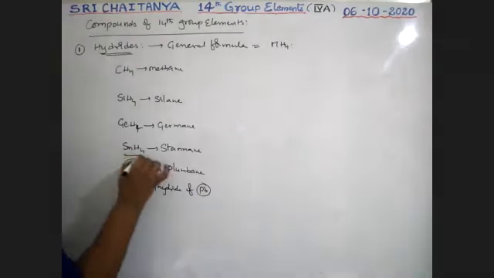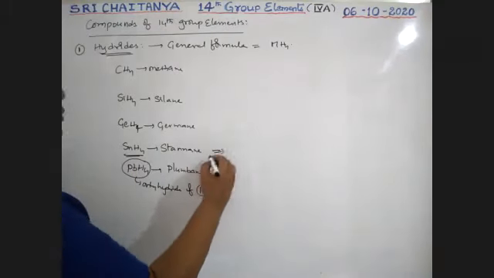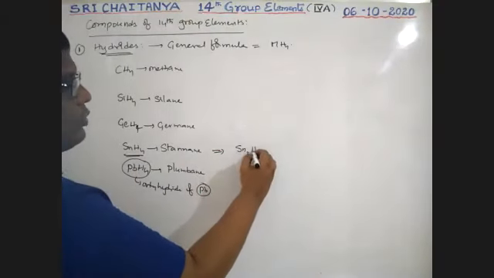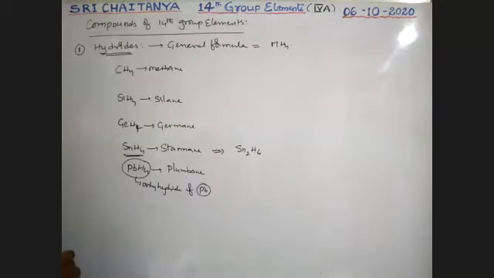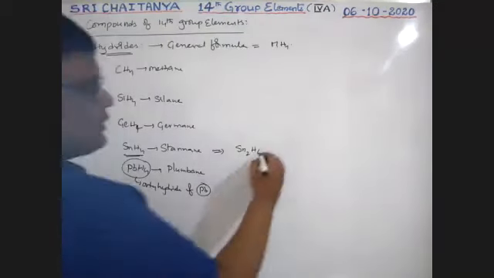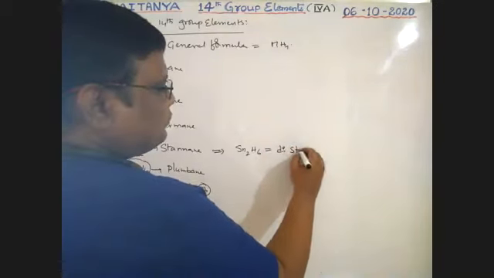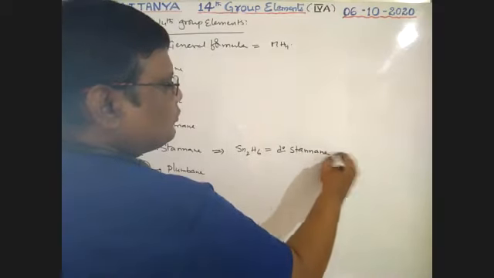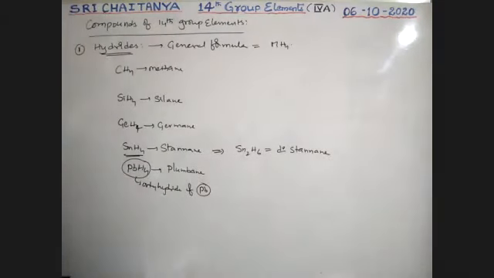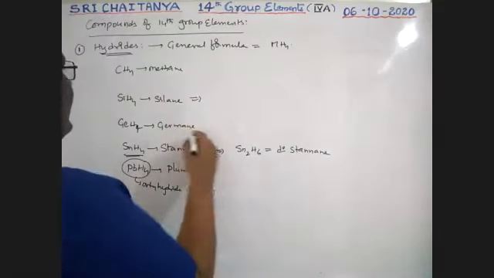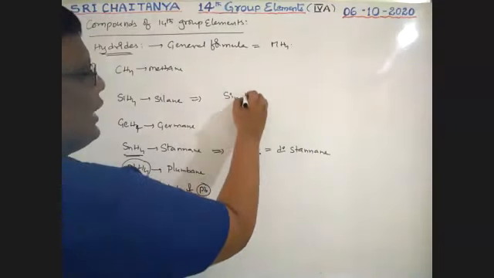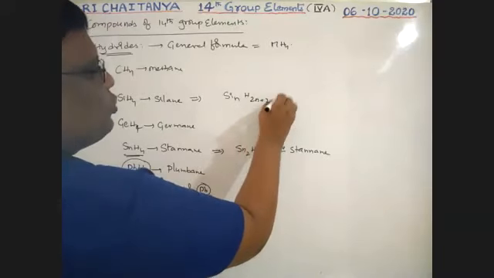But Sn can also give one more hydride, boys. That is Sn2H6, which is called distannane. But silicon gives SinH2n+2.